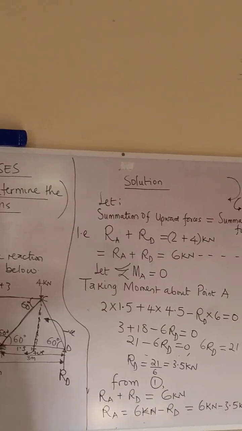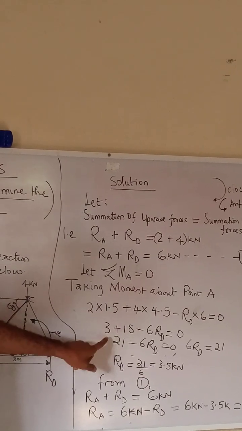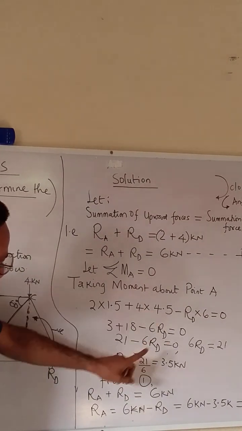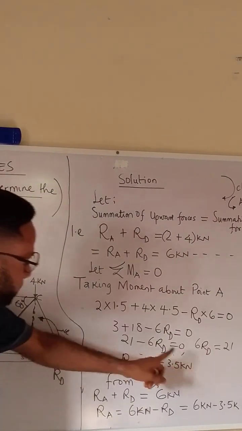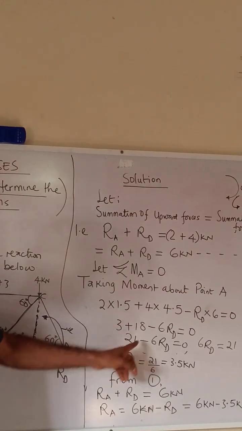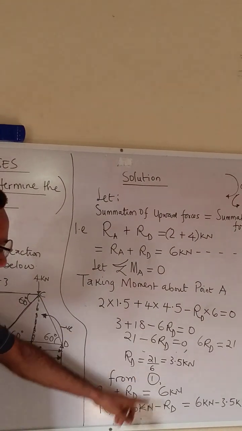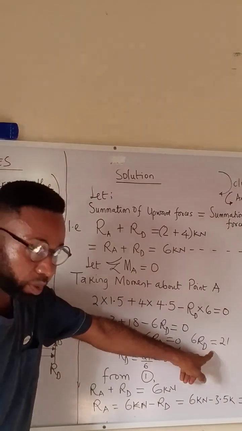When we do this mathematics, 2 times 1.5 gives us 3, 4 times 4.5 gives us 18, and RD times 6 gives us minus 6RD. When we add these, we have 21 minus 6RD equal to 0, which is the same as saying 6RD equal to 21.